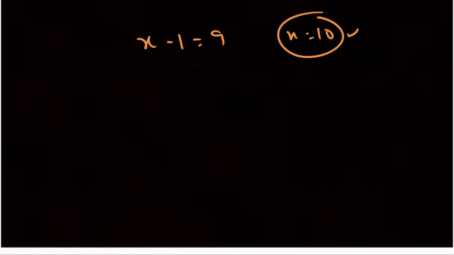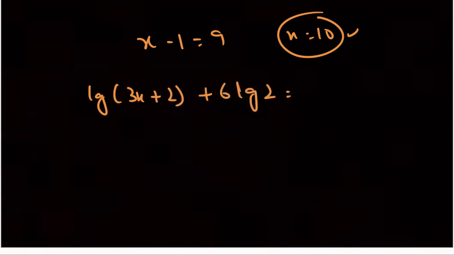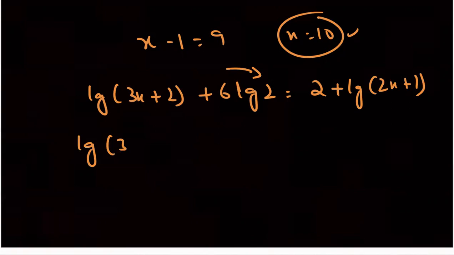So it is all about numbers, right? Now if I look at another question that is a bit tricky, it says log(3x plus 2) plus 6 log 2 is equal to 2 plus log(2x plus 1). Okay, the first step is just to remove this number and make it a power, right? So log(3x plus 2) plus log 2 power 6.